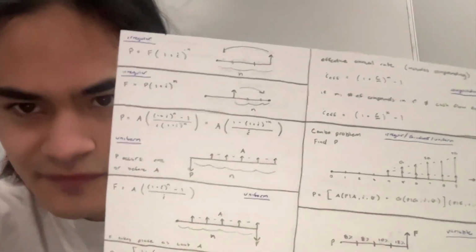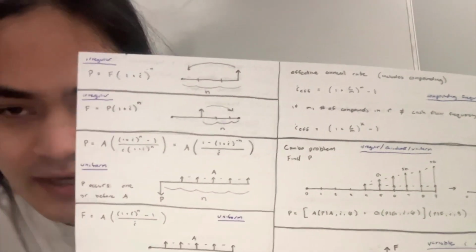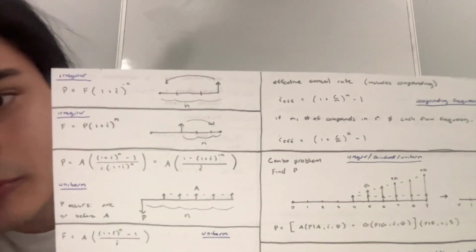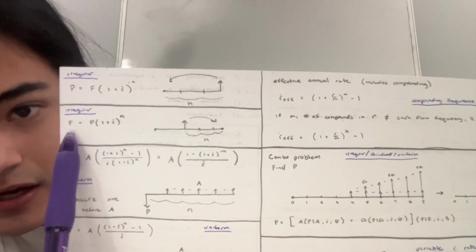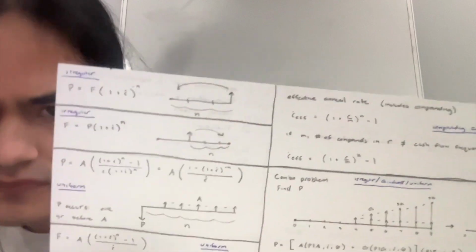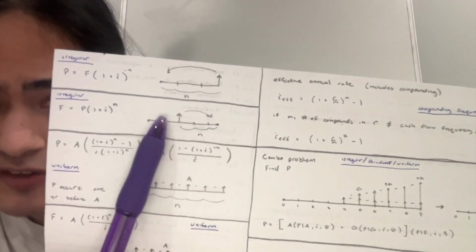I'm not writing the function for it, I'm just writing the actual formula. The functions, you're just going to have to remember what each means. This is F given P. So if you have some sort of present worth, right?